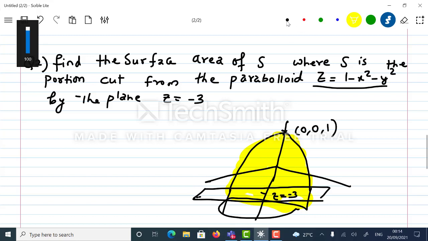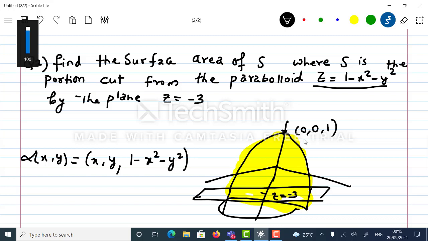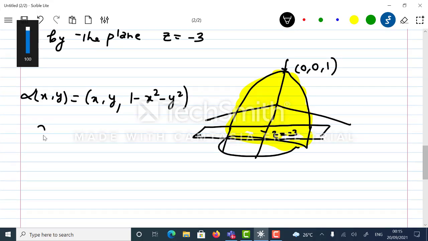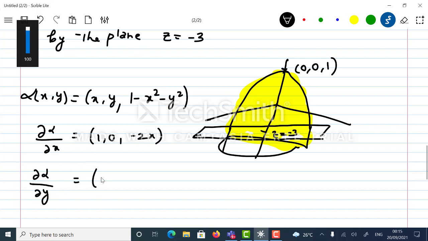Well, there are various ways to solve this. So alpha of (x, y), I can take it as (x, y, z), and z is straight away given as 1 minus x square minus y square. Then you can find dou alpha by dou x, dou alpha by dou y. So dou alpha by dou x is (1, 0, minus 2x), dou alpha by dou y is (0, 1, minus 2y).